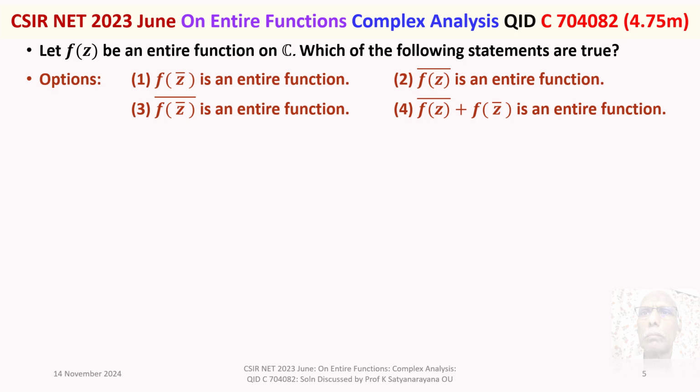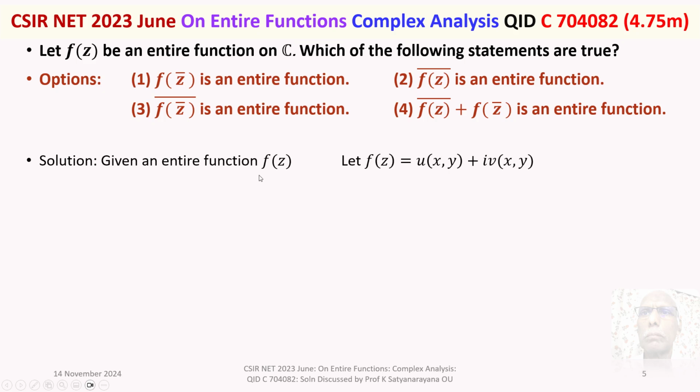Right. We will now discuss the solution of this problem in detail. We are given an entire function f of z. Let f of z is equal to u of x comma y plus i v of x comma y. That is, u and v are the real and imaginary parts of this entire function f of z. F of z is an entire function means f of z is analytic on the whole of the complex plane.